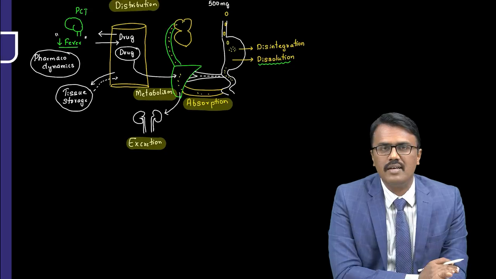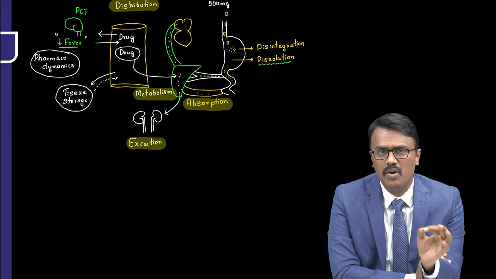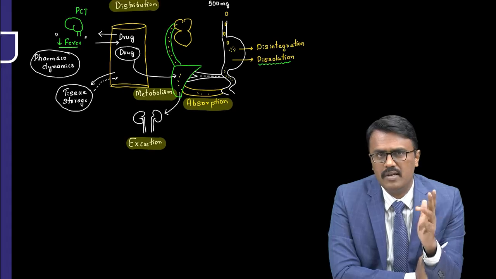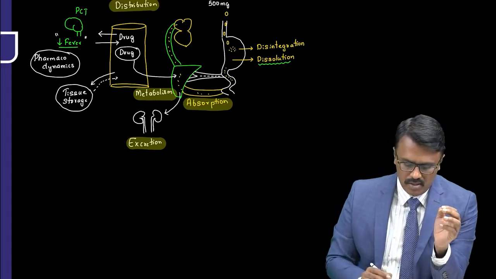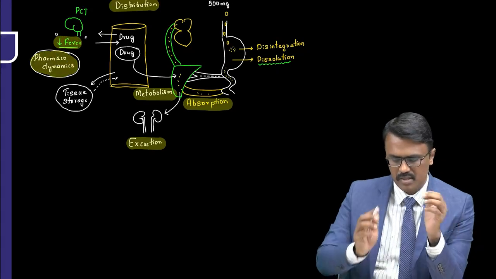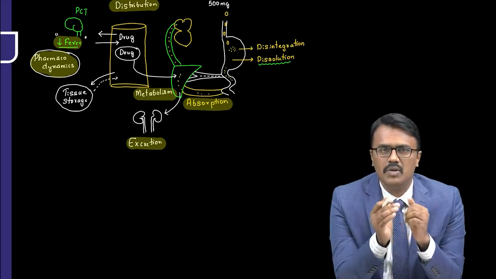This is the meaning of pharmacokinetics, what the body does to the drug: absorbs, distributes, metabolizes, and excretes. But what the drug does to the body is a field by the name pharmacodynamics, which we will discuss later. So we'll go one by one now.